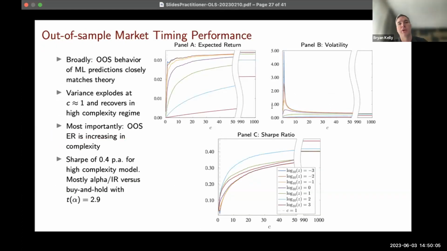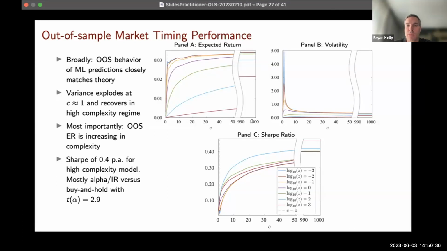So let's take a look at what these results look like. What I'm showing you here is a set of plots that are designed to have the same structure as the theory plots. On the x-axis, I have complexity. And then in panel A, I have expected returns of the trading strategy, volatility of the trading strategy, and Sharpe ratio of the trading strategy. So the main point here, if you summarize these results in one slide, the out-of-sample behavior of complex models exactly aligns with what we see in the theory.